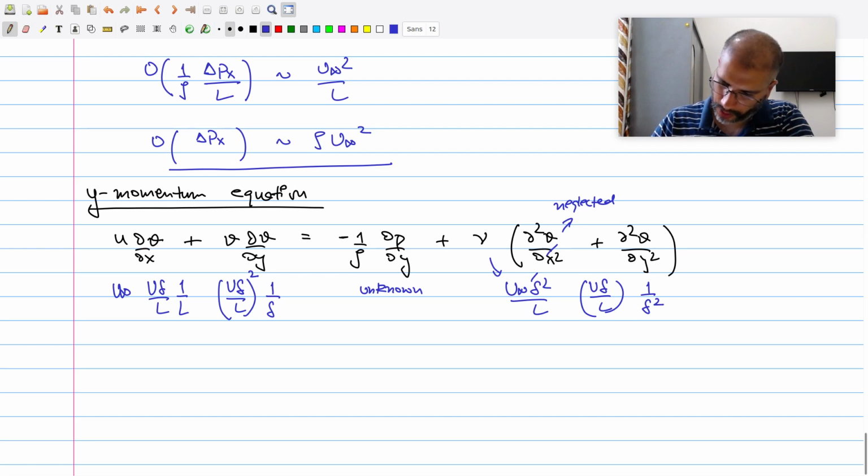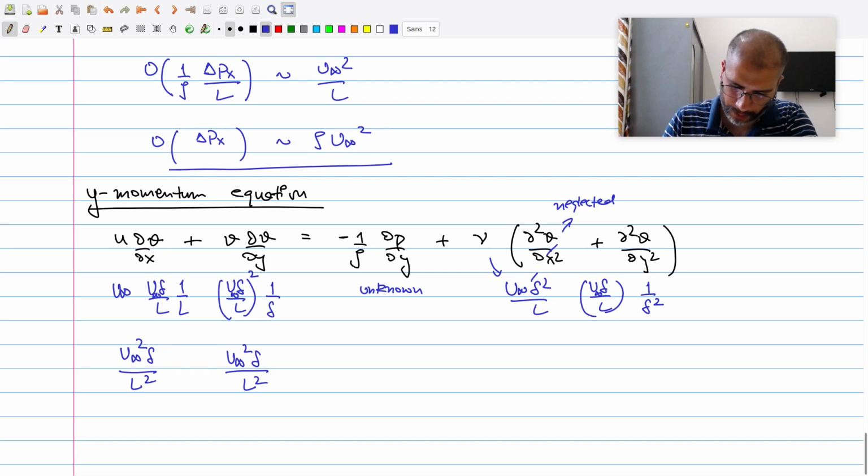Okay, so this is what we have. Let's simplify these. In some places I am writing u and in some places u infinity. They should be the same. So the first one gives us u infinity squared delta upon L squared. The second one again gives us u infinity squared, one delta cancels, so 1 delta by L squared.